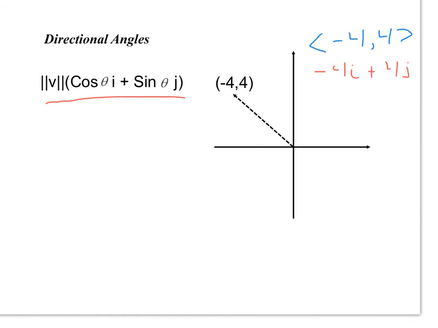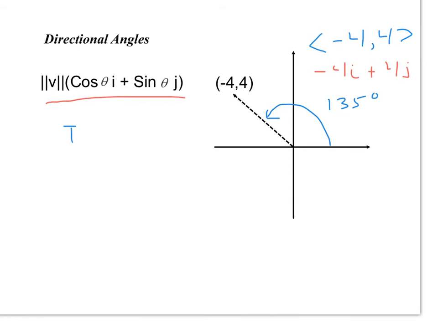And we're going to find the directional angle of a vector using arctan. So let me show you what I mean by that. We're going to find this angle right here. It's a second quadrant vector, so actually you should be able to do this without using arctan. You should just know that this angle right here is 135 degrees. But if not, we can always find that directional angle.